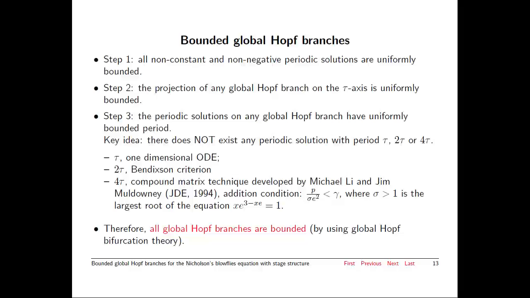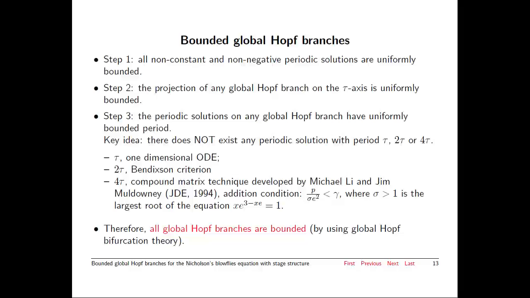To prove the last step, the main idea is to preclude the existence of tau period, 2 tau period, and 4 tau period periodic solutions. To preclude the tau period periodic solutions, it can be converted to a one-dimensional ordinary differential equation. As we know, for a one-dimensional ordinary differential equation, there do not exist periodic solutions.